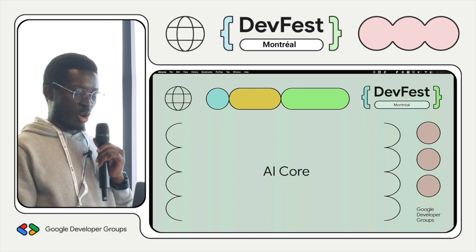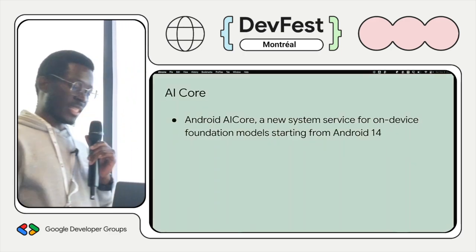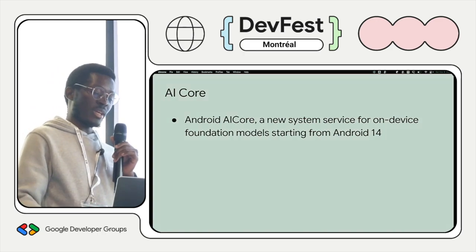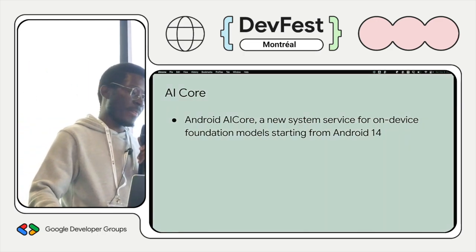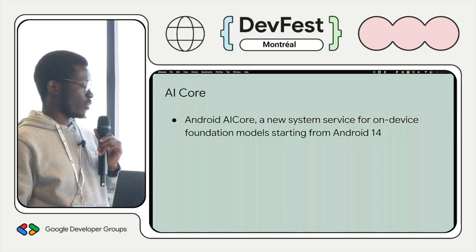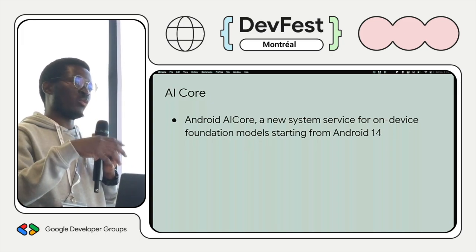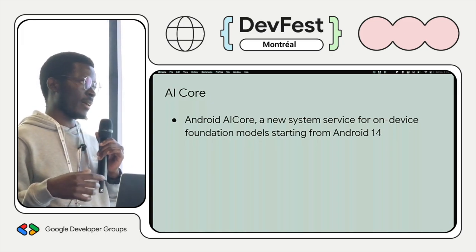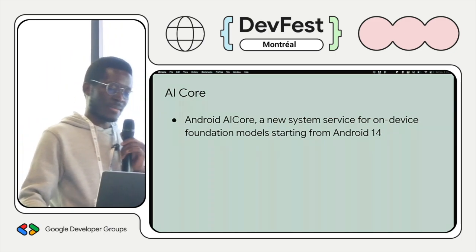And what is AICore exactly? AICore is a new system service on Android, starting from Android 14, that carries all the foundation models. It's a new system service that you can call to have access to all the AI stuff that is related to your device.